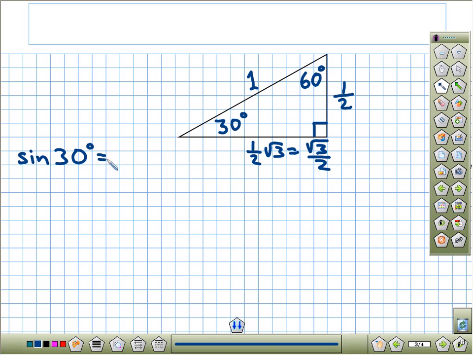Would you write it that way? Yeah, just 1/2. In other words, you don't have to put it over 1, because you could write every number that way: 6 over 1, 7 over 1, but we don't do that. We just generally leave that off. Now, what about the cosine of 30 degrees?